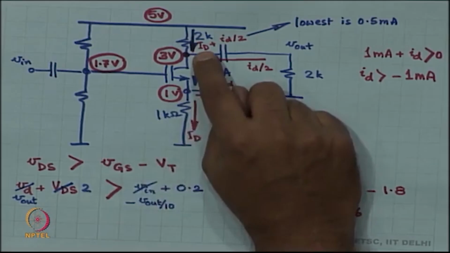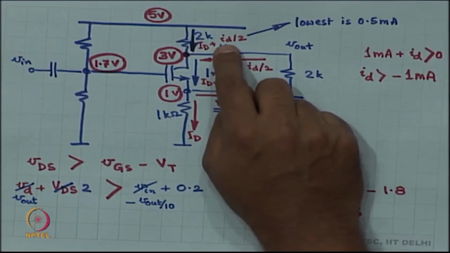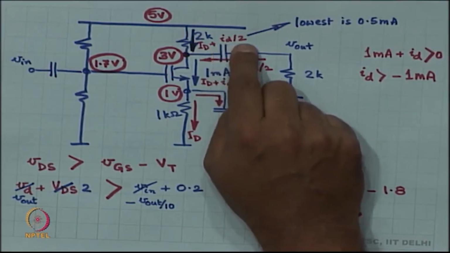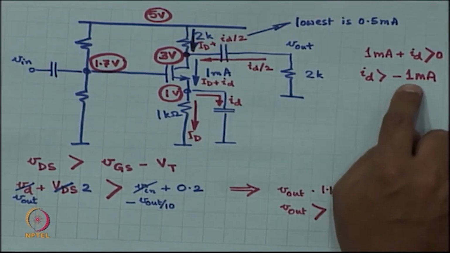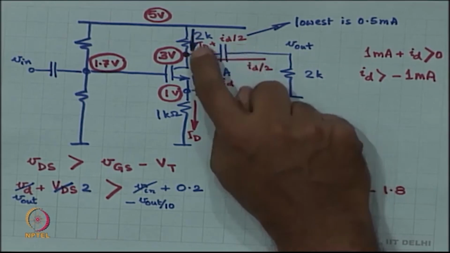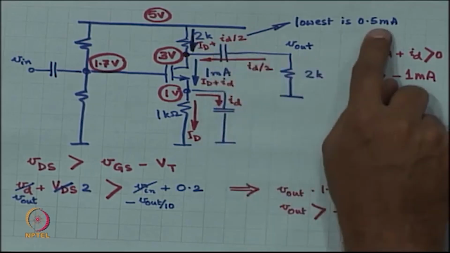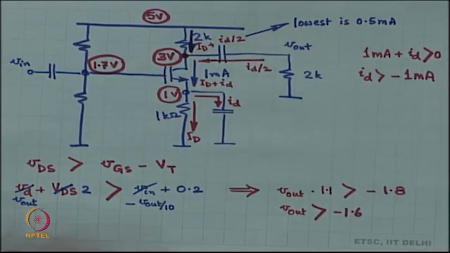The smallest value of small id by 2: the least value of small id is minus 1, so the least value of small id by 2 is minus 0.5. So, the least of the total is 1 minus 0.5, which is 0.5 milliampere.